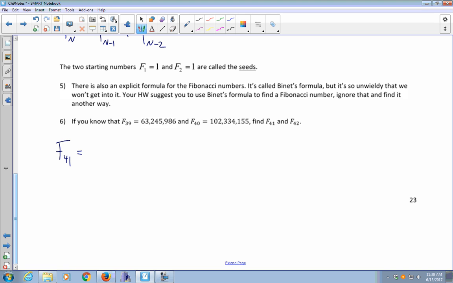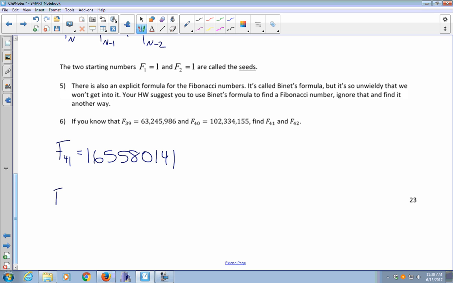So I'm just going to add those two numbers, grab my calculator. I have 63,245,986 plus 102,334,155. So that comes out to 165,580,141.